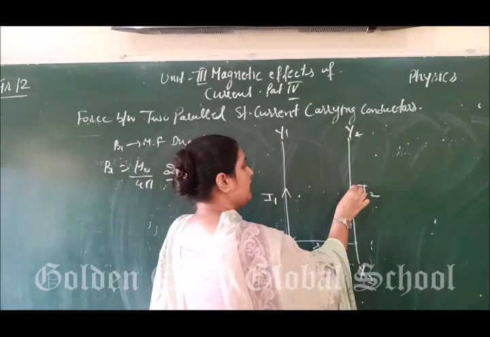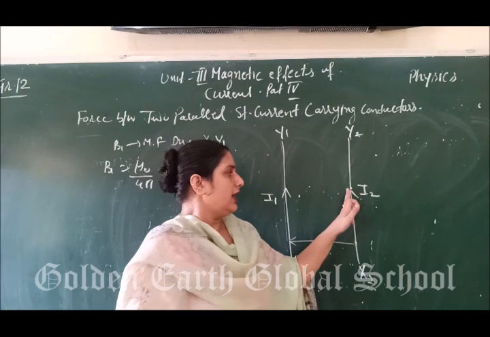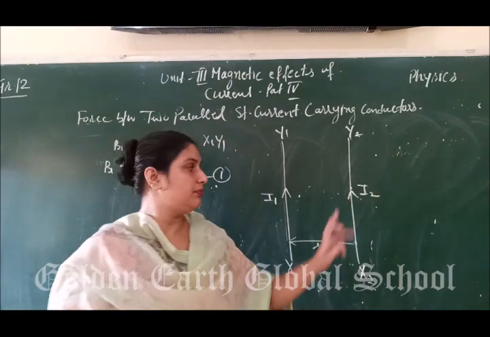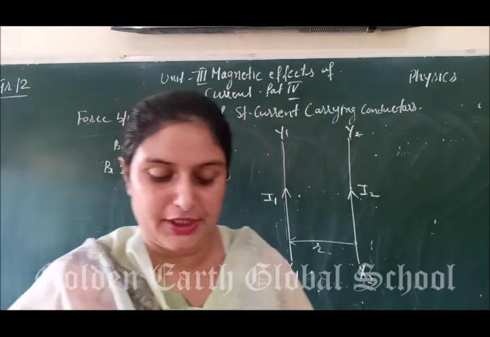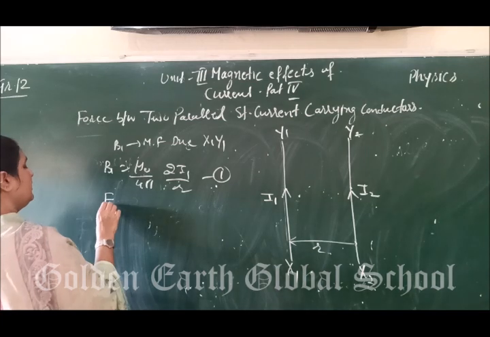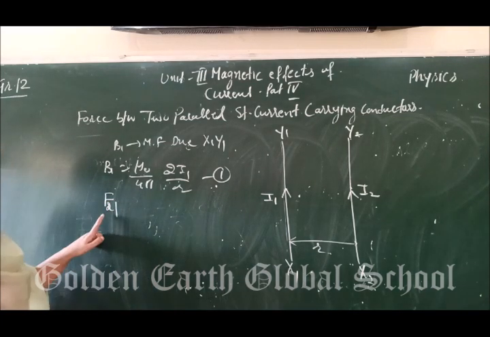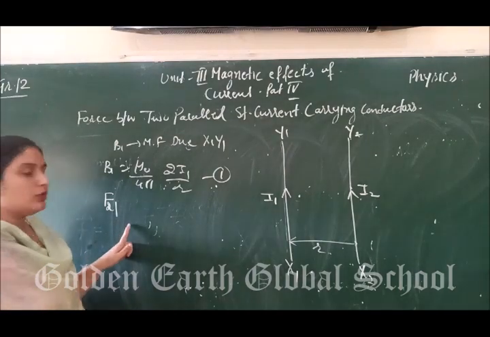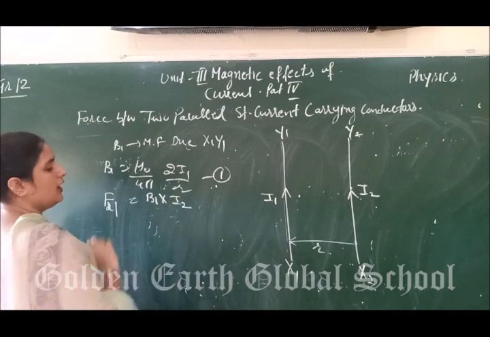So the magnetic field is perpendicular to the plane of the paper, or the angle between the current I2 and magnetic field B1 is 90 degrees. So the force is given by F21, the force experienced by conductor 2 due to conductor 1, which is equal to B1 I2 sin 90.